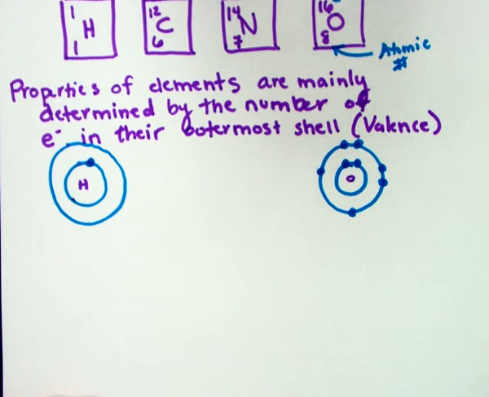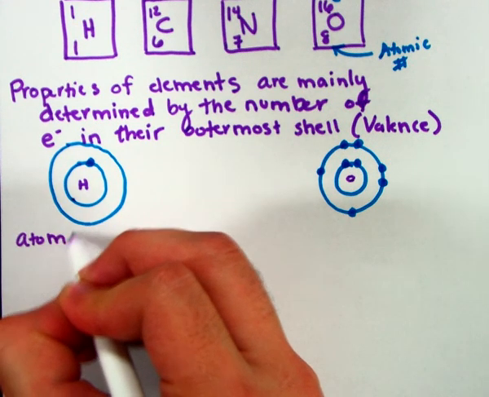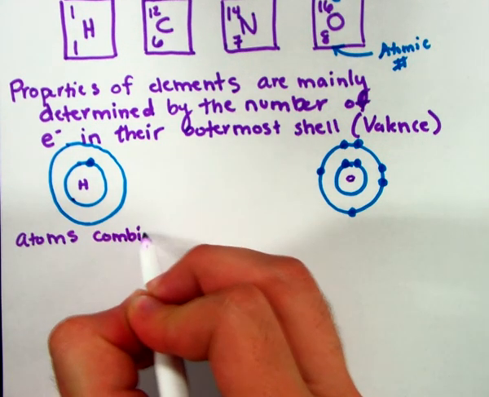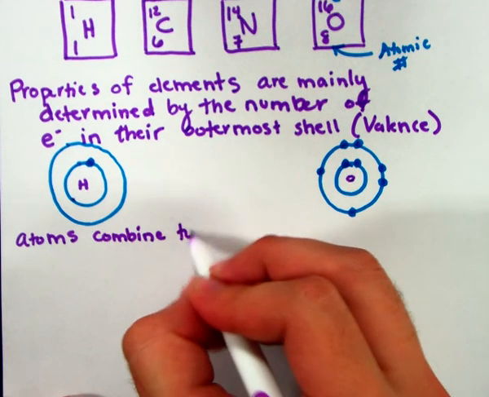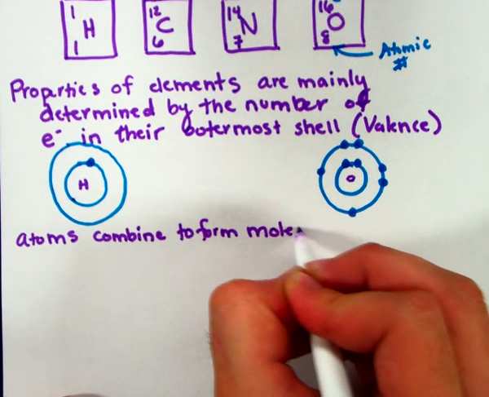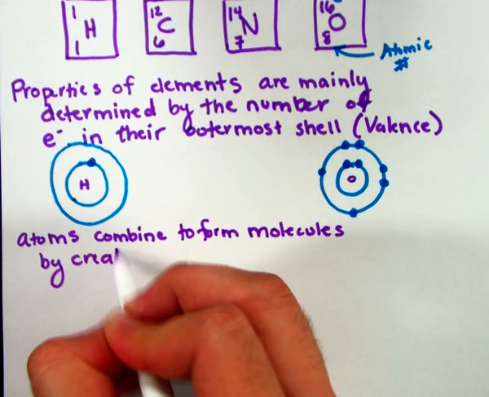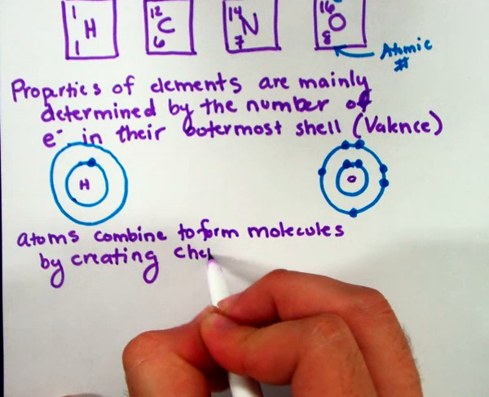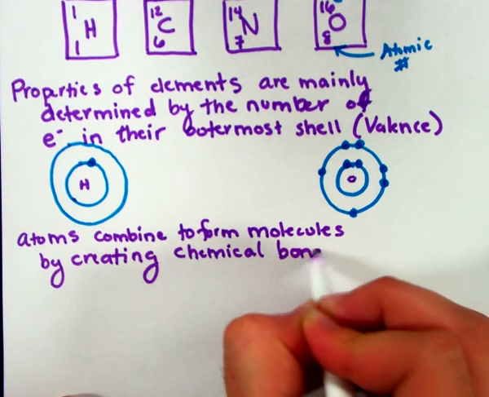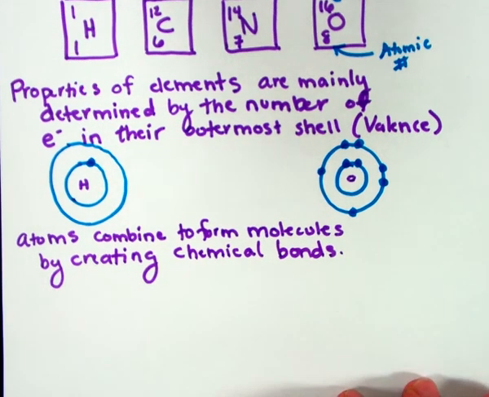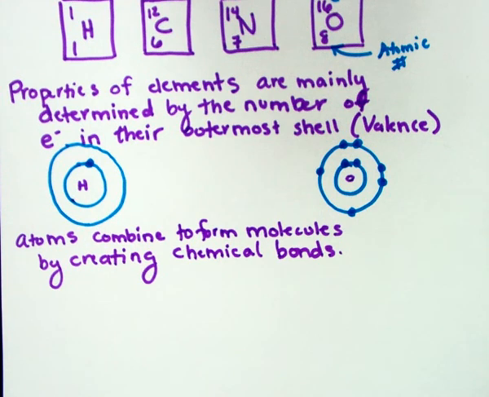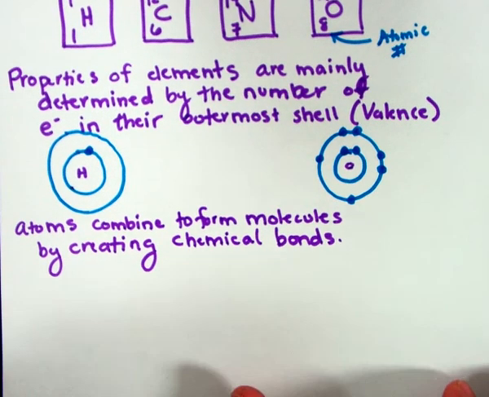So we know that atoms combine to form molecules by creating chemical bonds. And they usually do this in a way that satisfies or fills their outermost shell.